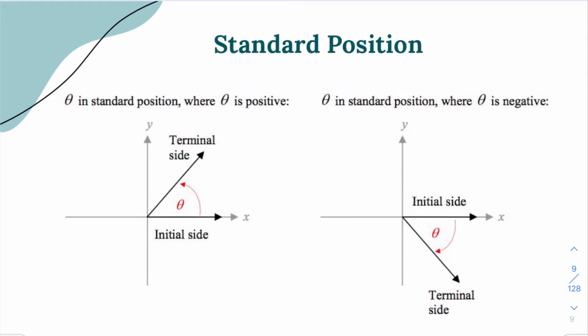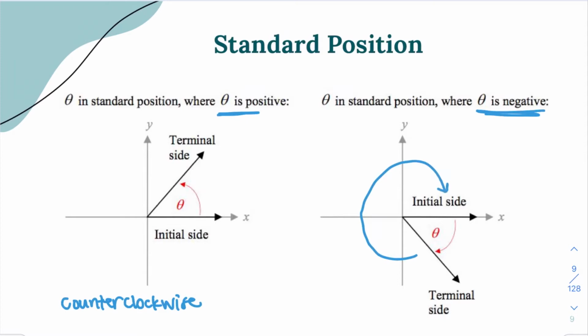When theta is positive, we go counterclockwise. When you have a negative angle, you're going to go clockwise. It's maybe a little easier to see if we go like that: this is going clockwise.